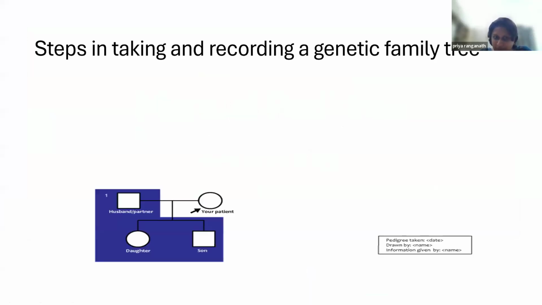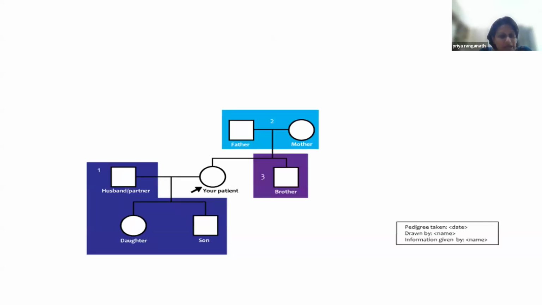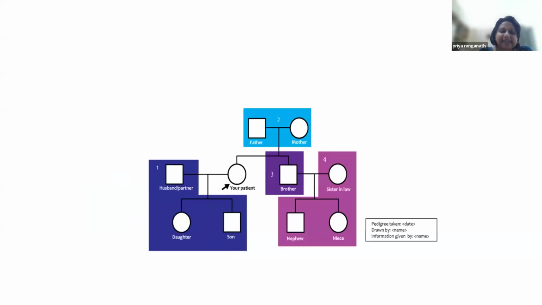Coming to manual pedigree drawing, so identify your patient first and draw the husband, draw the children, then go up, find the parents, so father, mother, go down, add the brother, sister, whoever else is there, find their spouse, add their children.